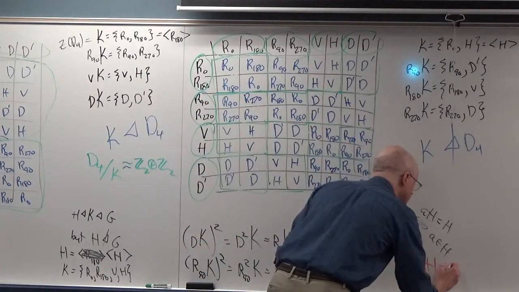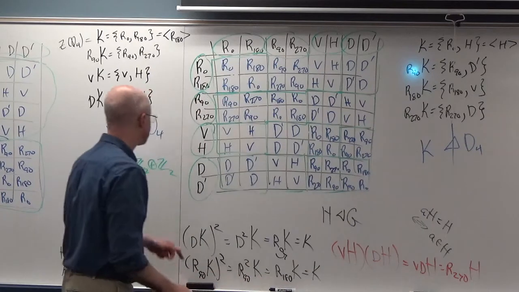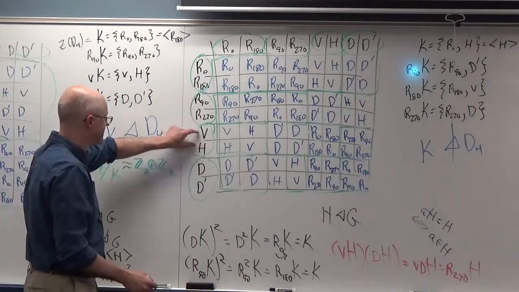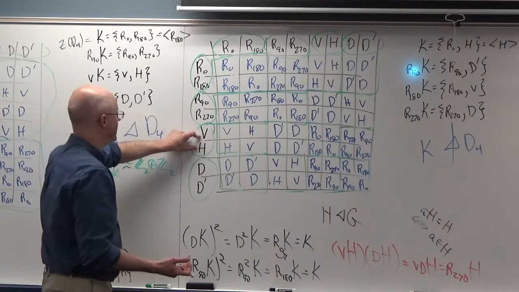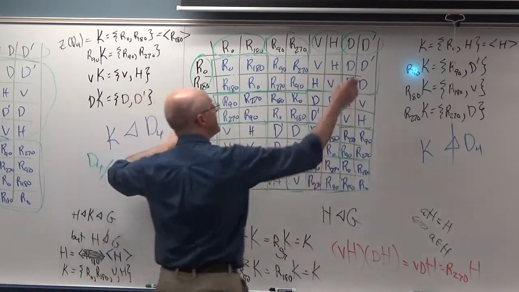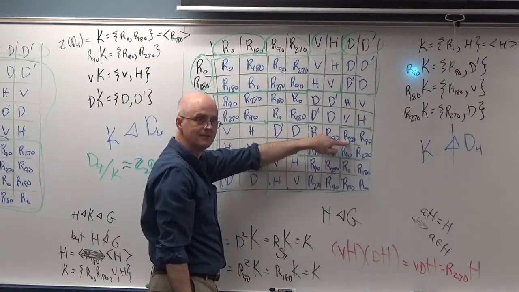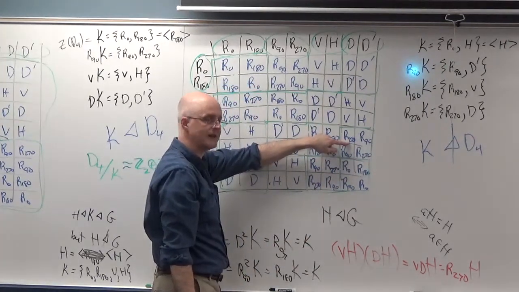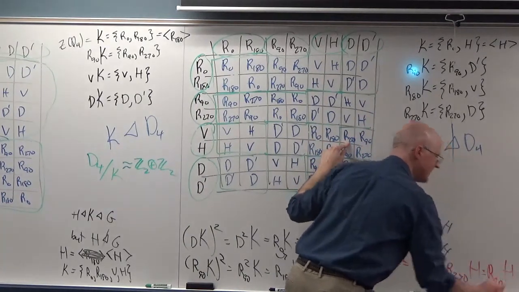This is the same as R270 H, the left coset containing R270. Does that really happen? When I take this element here, these two elements being thought of as one element, and compose it with this element, I do get a coset that contains R270. It also contains R90. I could also represent this as R90 H.